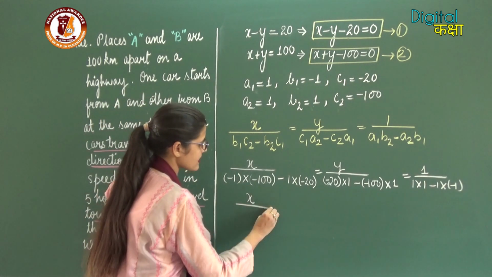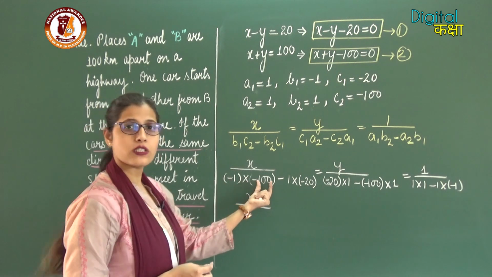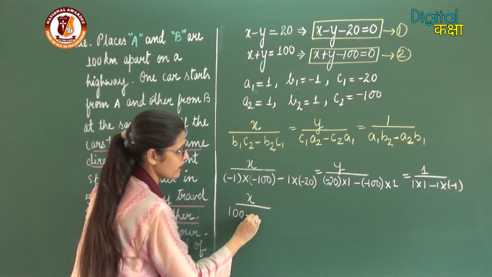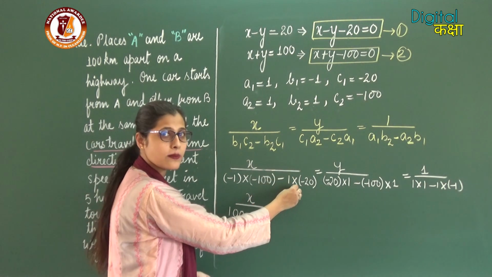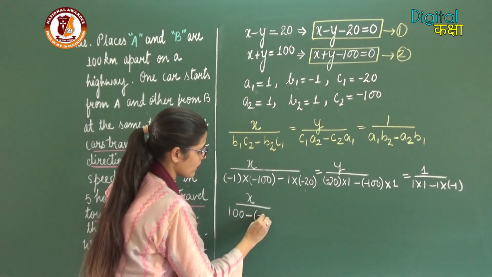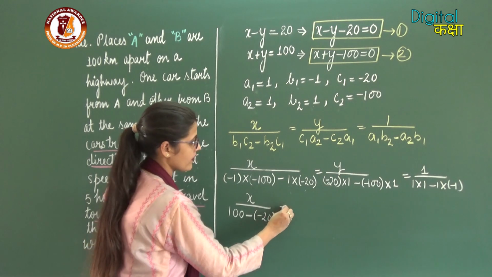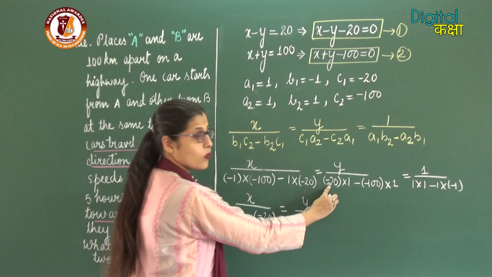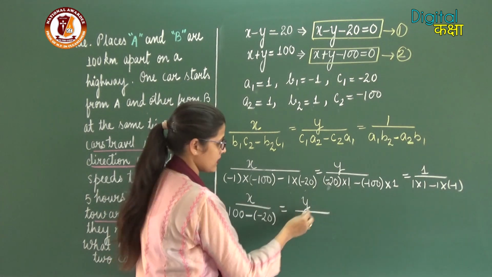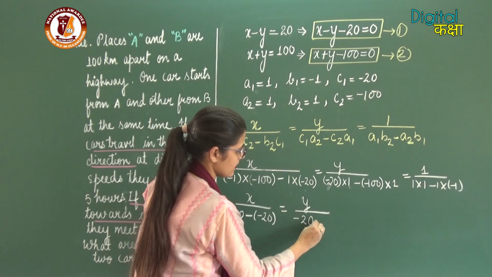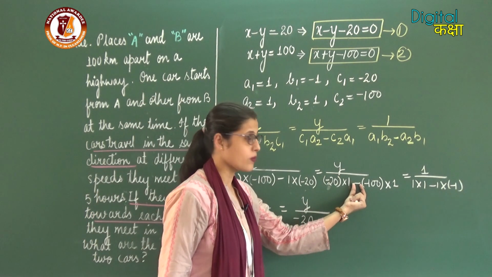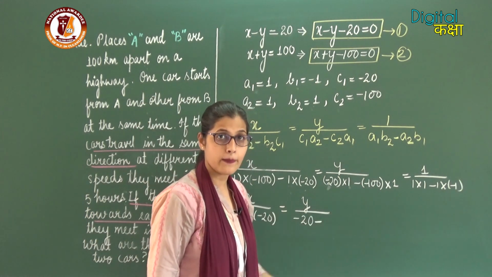Therefore, x upon -1 into -100 will be +100, minus 1 multiplied by -20 will be -20, equals y upon -20 into 1 will be -20, minus sign of the formula, and as we know, minus minus will become plus.